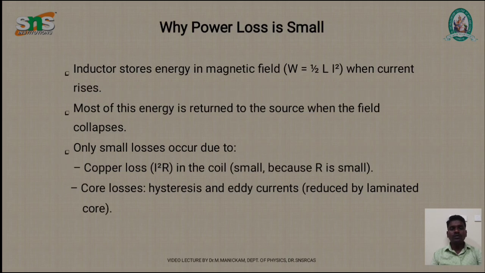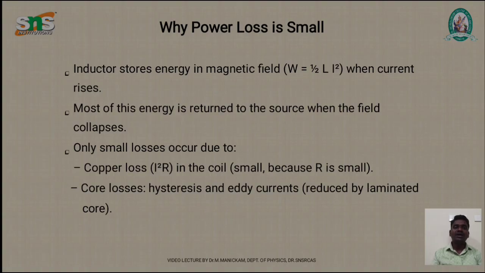Now, why is the power loss small? What mechanisms do we follow in a choke coil to reduce the power loss? The inductor stores energy in the magnetic field, W equal to 1 by 2 L I square, when the current rises. Most of the energy is returned to the source when the field collapses, so the power loss is very small.